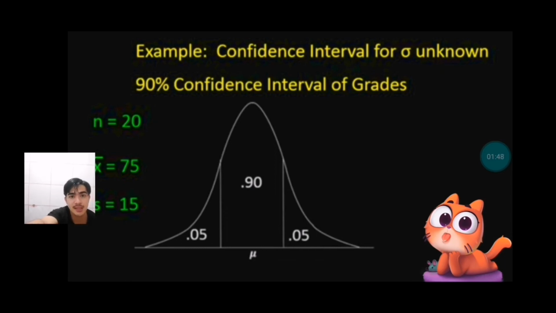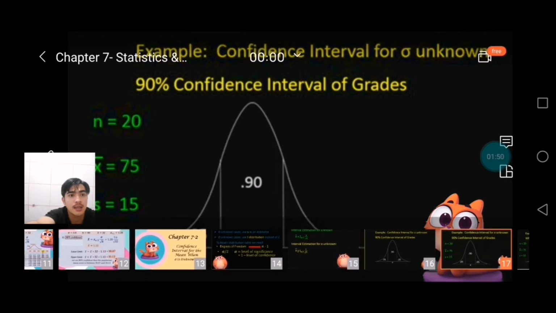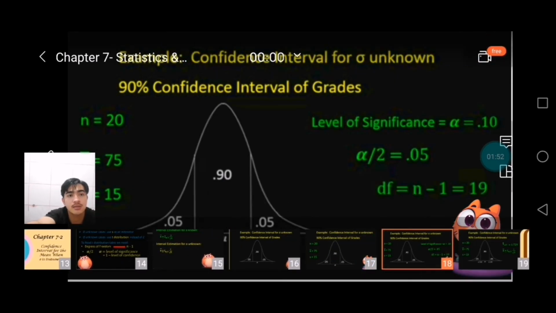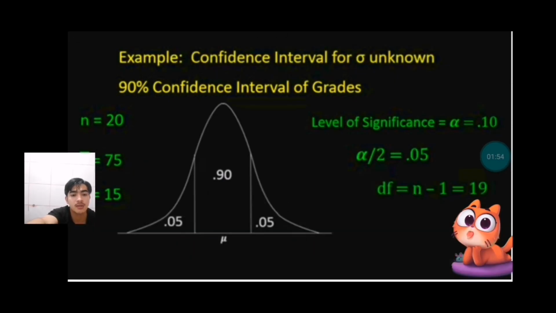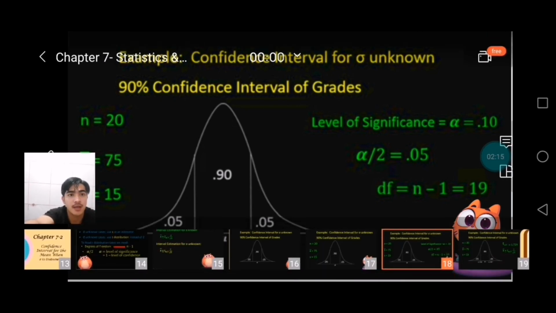In the t-table, it's easy to look up the value as long as you have the degrees of freedom and alpha. In this example, for 90% confidence with 19 degrees of freedom and alpha over 2 of 0.05, you will get 1.729.